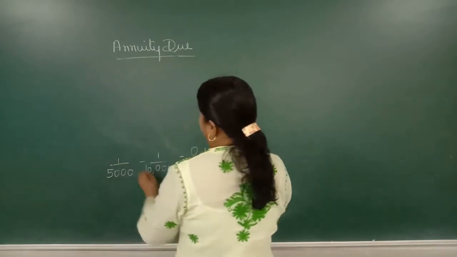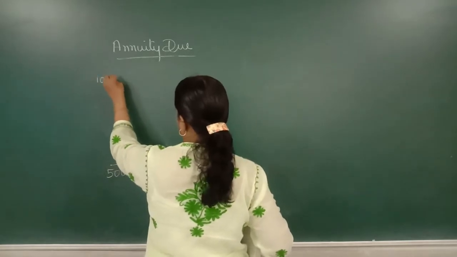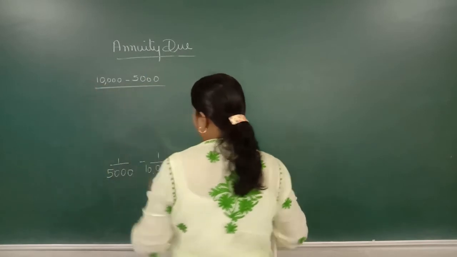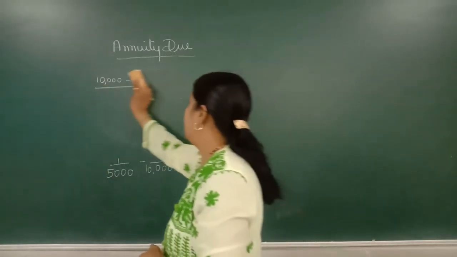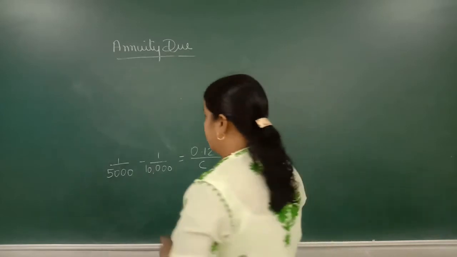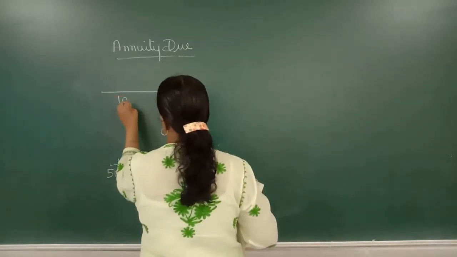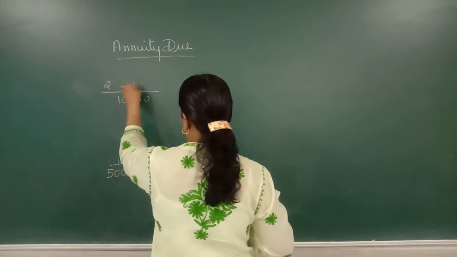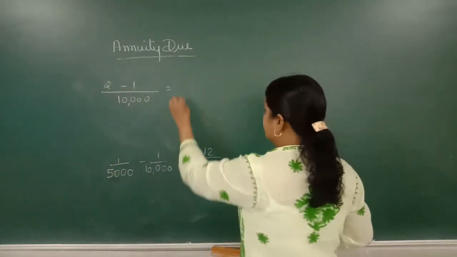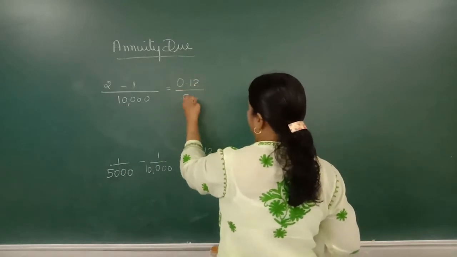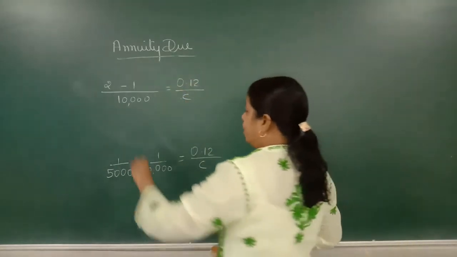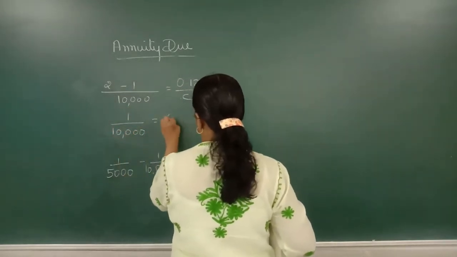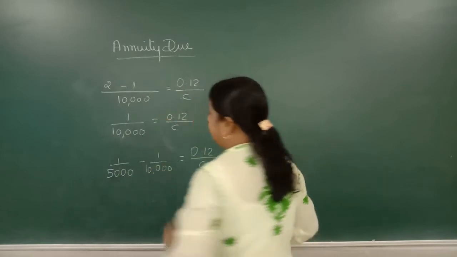Instead of doing so much, we will take the LCM of 5,000 and 10,000. The LCM is 10,000. In 5,000 here it goes 2, so 2 minus 1 upon 10,000 is equal to 0.12 upon C.